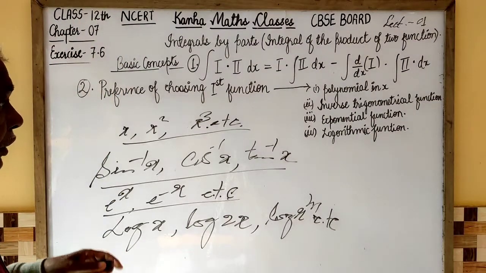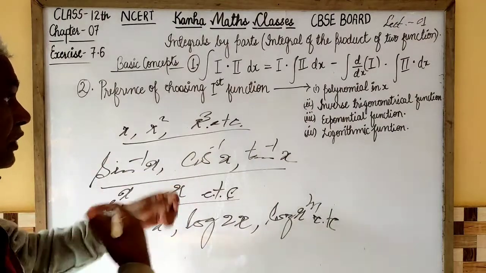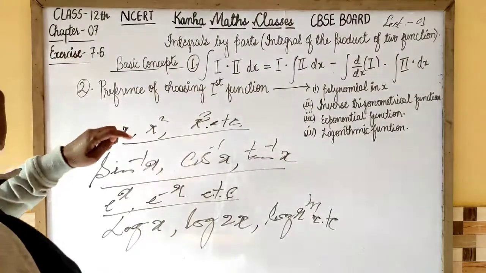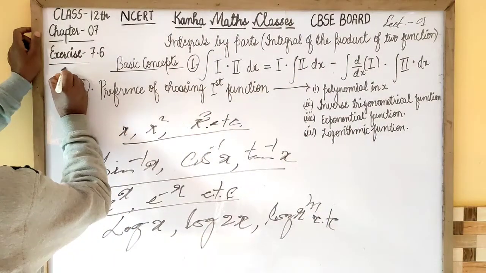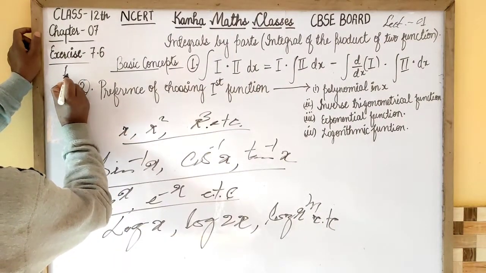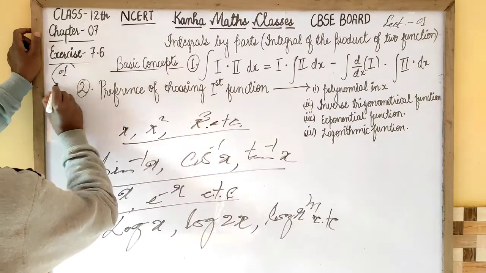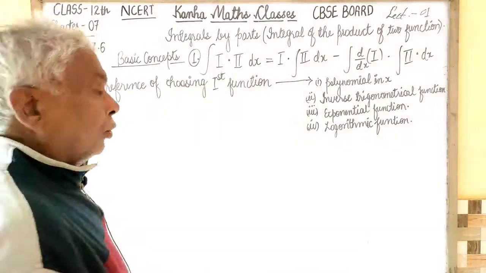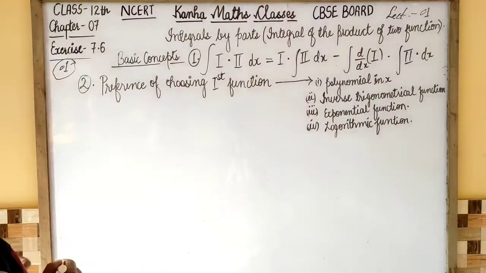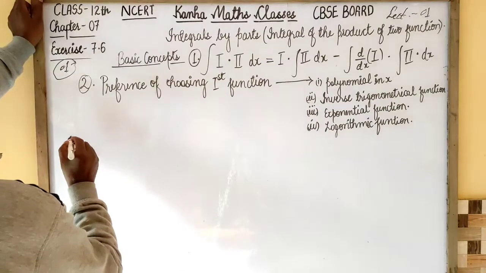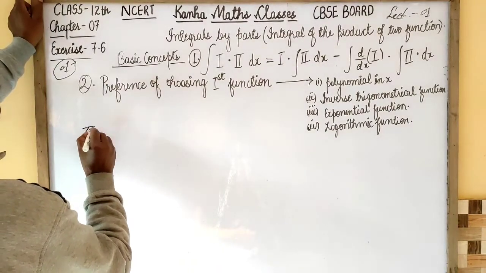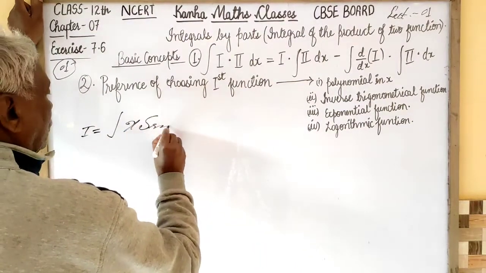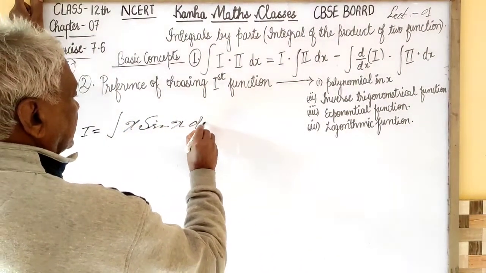Now, we will try this concept in solving the questions under exercise 7.6, from question 1. The first question under exercise 7.6 is the integral of x sin x dx.